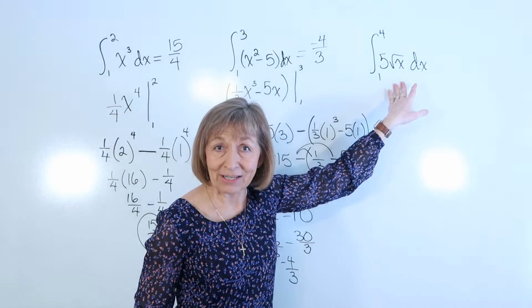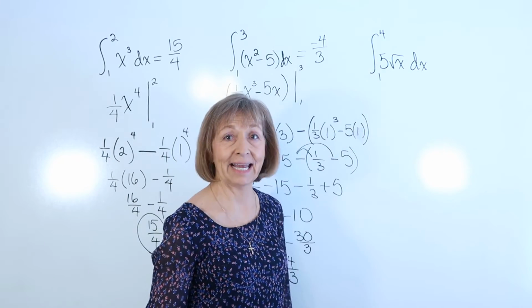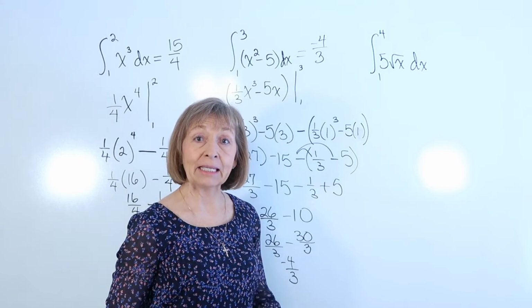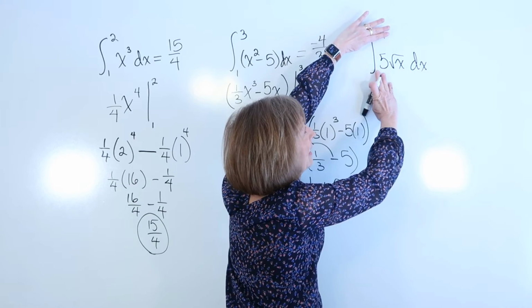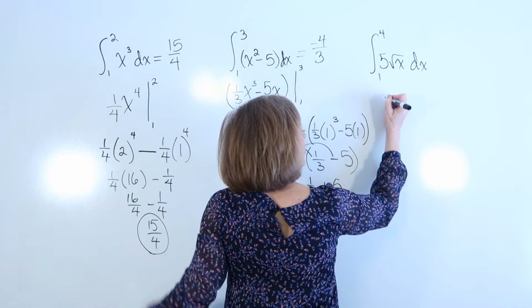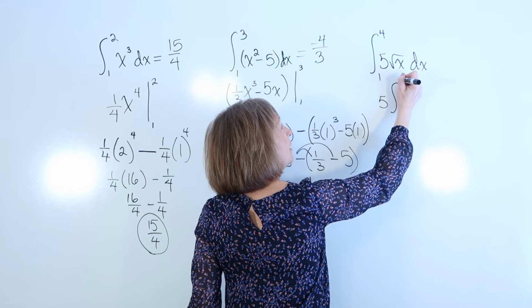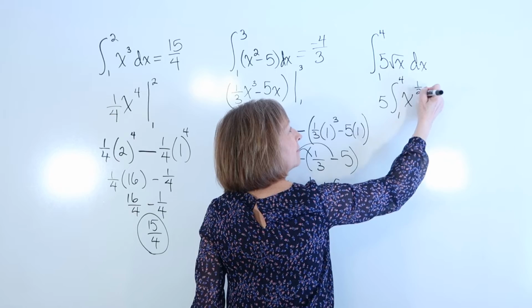This is the definite integral from 1 to 4 of 5 times the square root of x dx. Well, remember with definite integral properties, I can pull the 5 out, and I can also do that when I think about it as an indefinite integral. So I pull the factor of 5 out, still the integral from 1 to 4. I'm going to write the square root of x as x to the 1/2 dx.